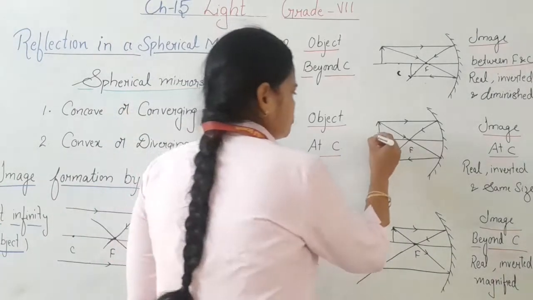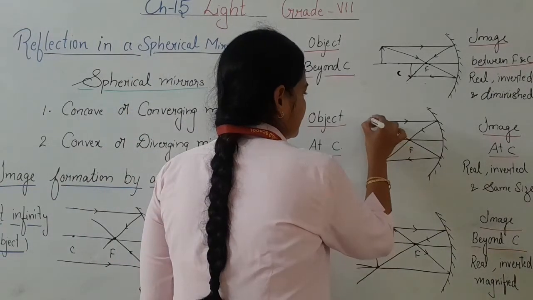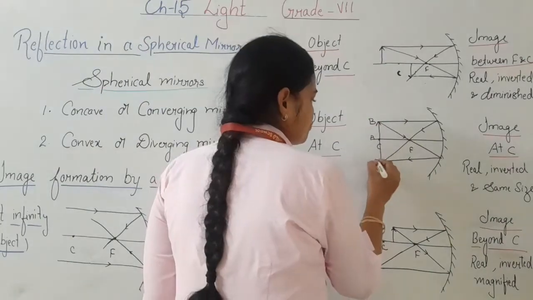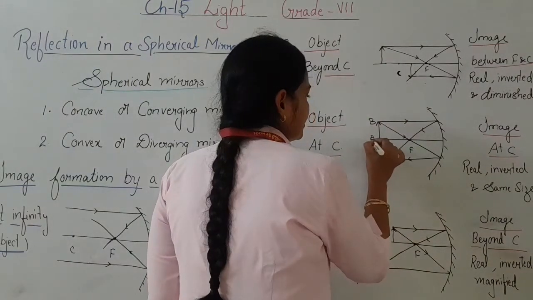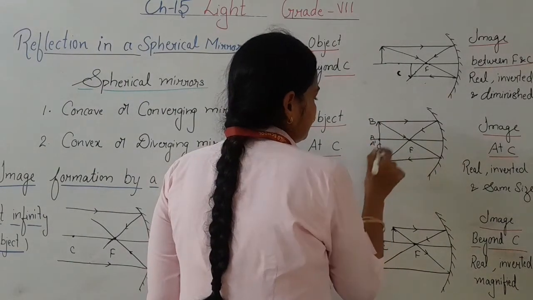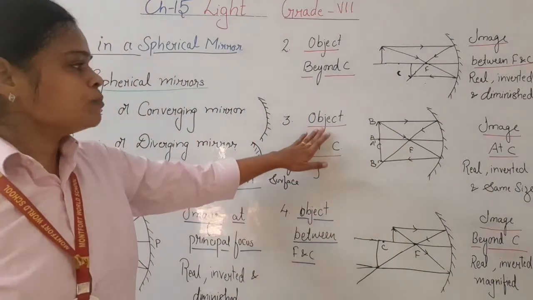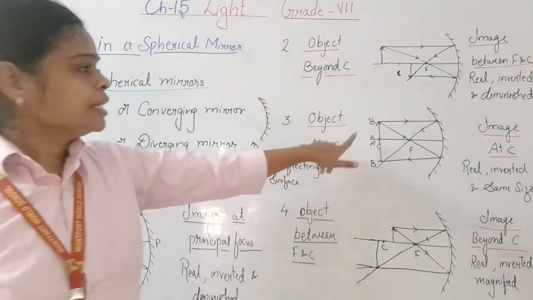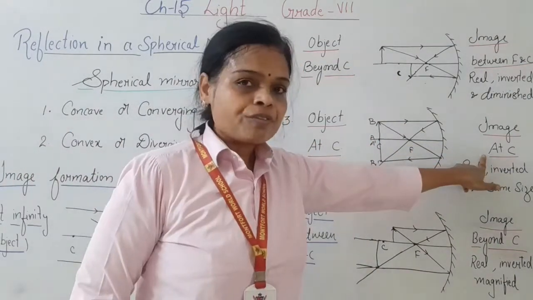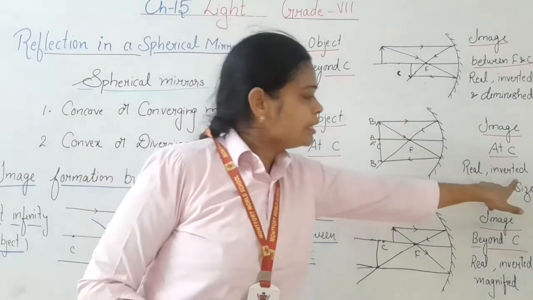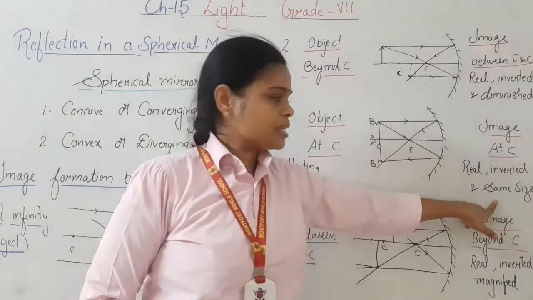This is the object. Suppose I name the object AB. The image which is formed is A dash B dash. This is the image. If the object is at the center of curvature, then the image is formed at the center of curvature, which is real, inverted and of the same size.